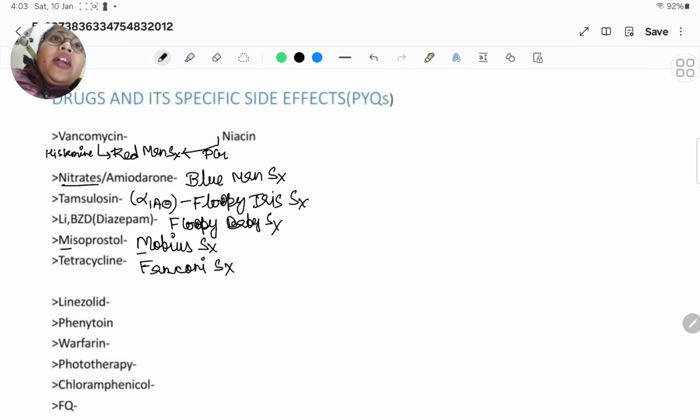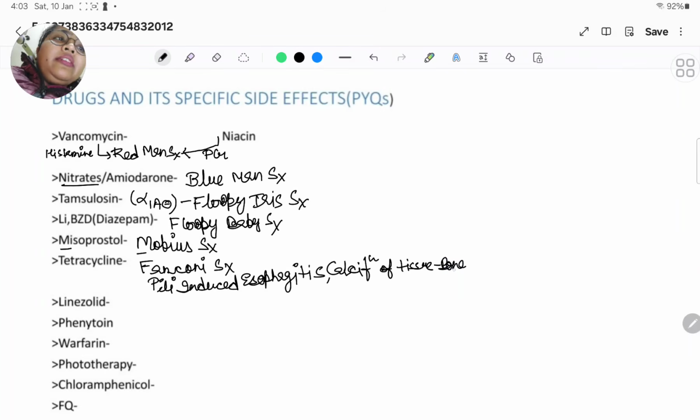Tetracycline causes Fanconi syndrome, and some other side effects also: pill-induced esophagitis, and it causes calcification of tissues like bone and teeth. It also causes enamel hypoplasia. So most of them are PYQs.